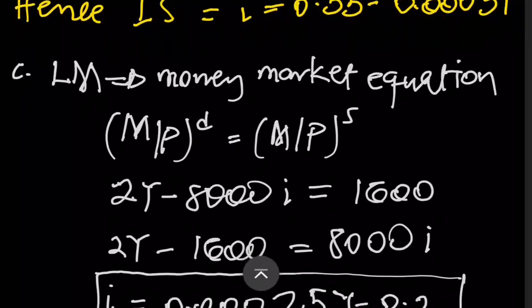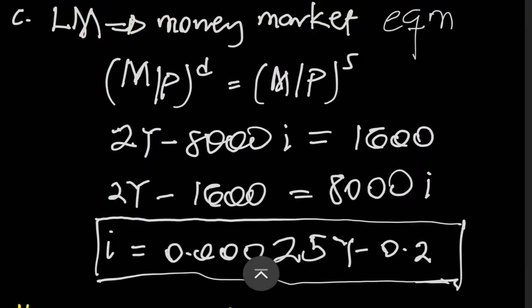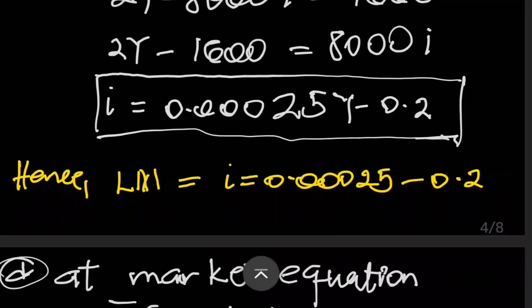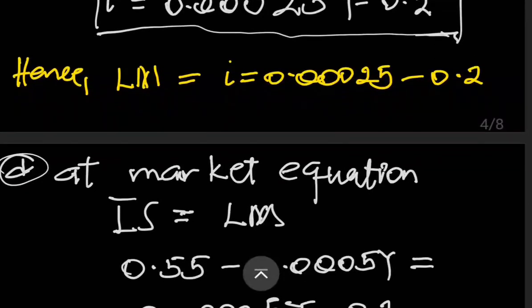And C also says that you have to find the LM, that is the money market equilibrium. So the money market equilibrium, that is (M/P)^d is equal to (M/P)^s. We equate these values, and you realize that the LM will be i equals 0.00025Y minus 0.2.